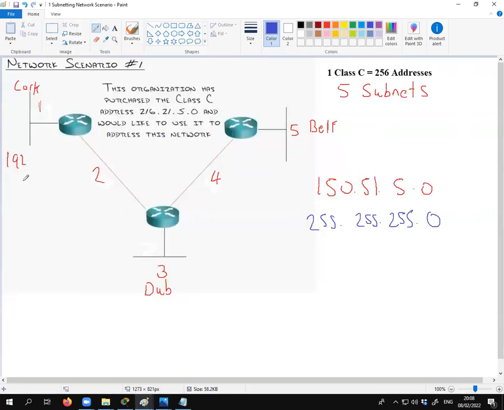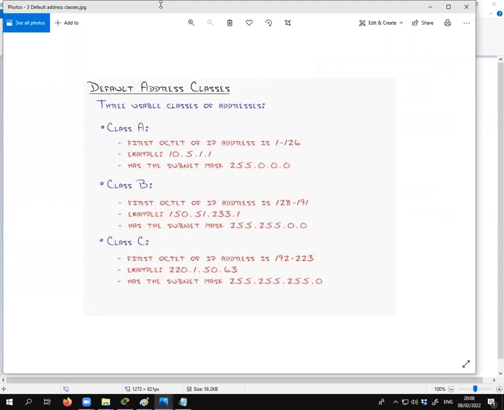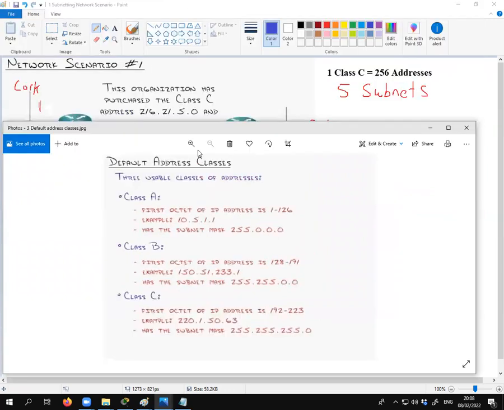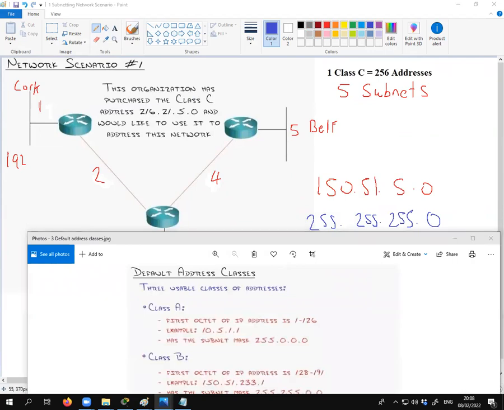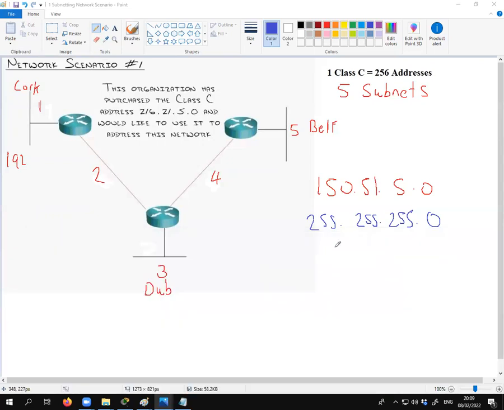The only requirement is where the first octet lies. That's all that matters. It has nothing to do with the subnet mask. It's a class B all the time. The subnet mask is irrelevant.